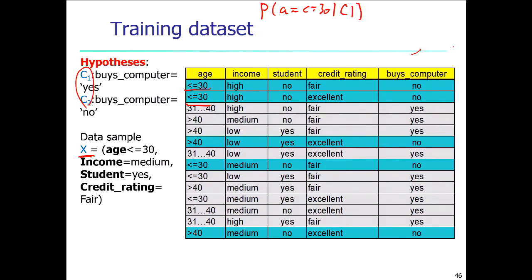Let's find all the samples with attribute age smaller than or equal to 30. Then this one, as we've done before, is 2/9. And given C2, it is 3/5.